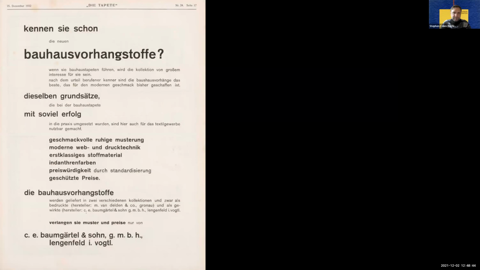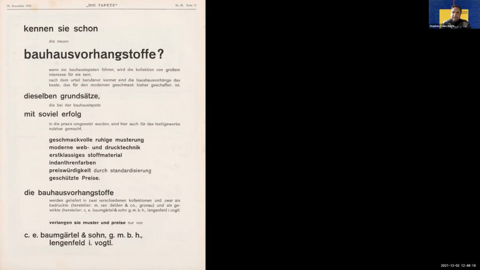And this is just a little break from Bauhaus publications to a Bauhaus advertisement. This appeared in Die Tapete, which I believe means wallpaper. Yeah, so this was a home design magazine or a housewares magazine. One of the early products produced by the Bauhaus was wallpaper.